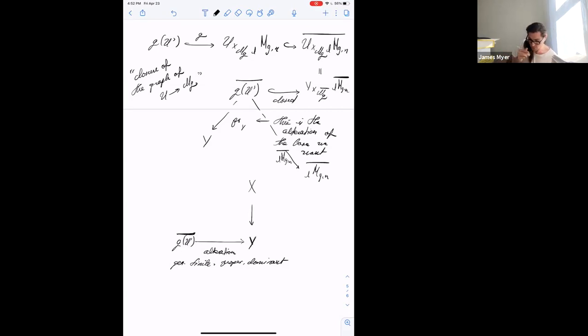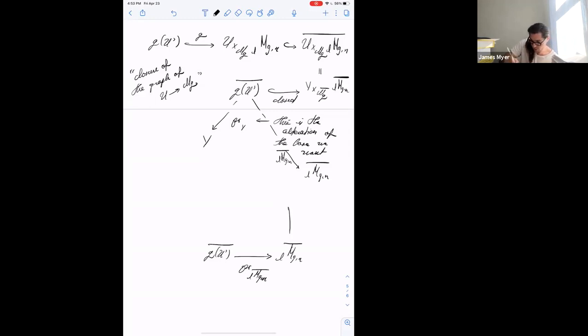Let me not write this yet because this is confusing. So there's a morphism this way onto the other factor.